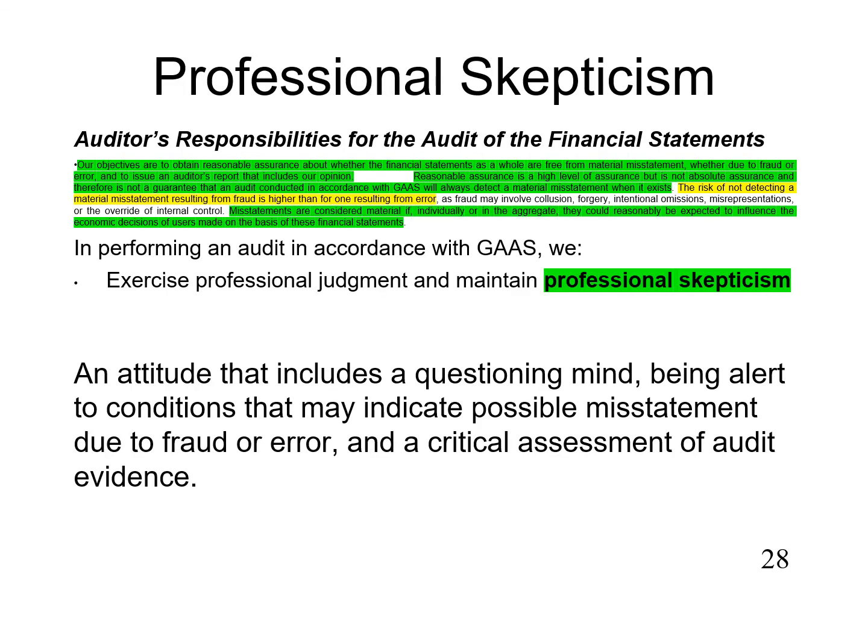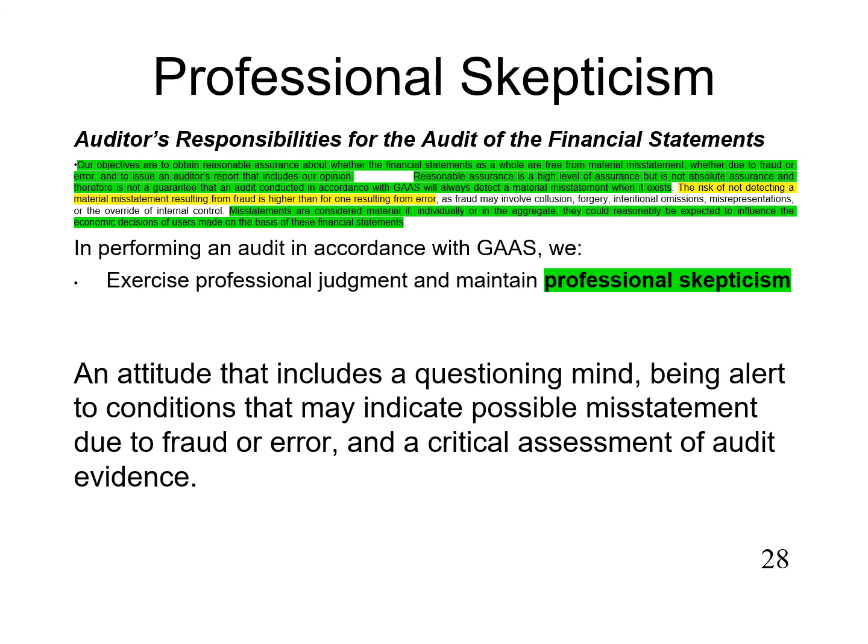Professional skepticism. So the thing at the top is out of the Auditor's Responsibility section of the report. Exercise professional judgment and maintain professional skepticism, whatever that means. Well, that's a threefer, right? One, an attitude that includes a questioning mind. Two, being alert to conditions that may indicate possible misstatement. Not indicate, but may indicate possible.